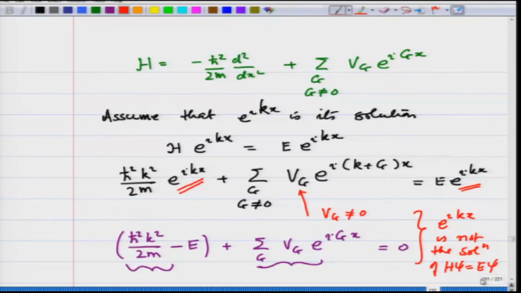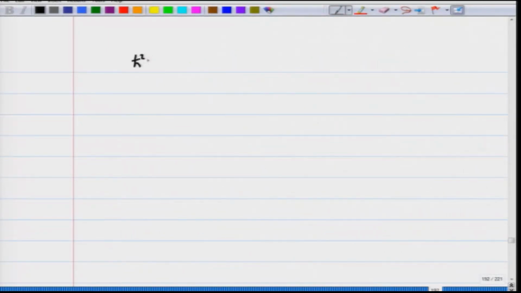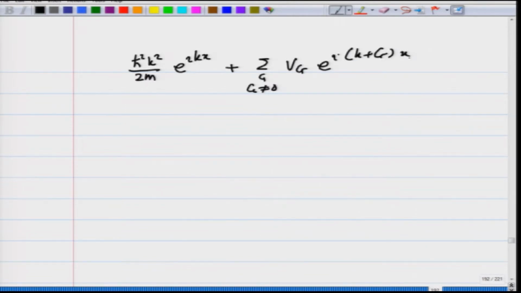So, what did we have? Let us rewrite it. ħ²k²/2m e^{ikx} plus summation over G not equal to 0, V_G e^{i(k+G)x} equals E e^{ikx}. What you notice is that when I have this e^{ikx} here, the other terms e^{i(k+G)x} also pop in, they start coming in.